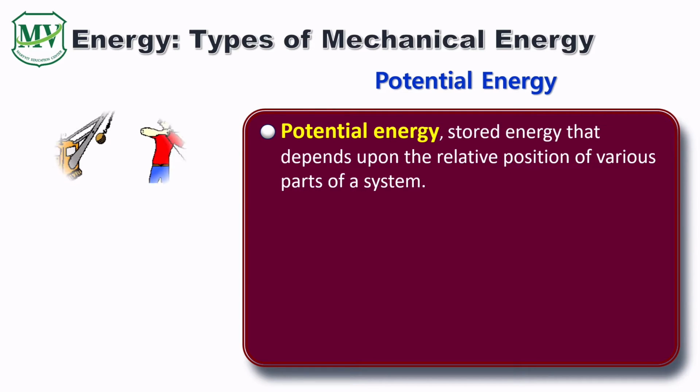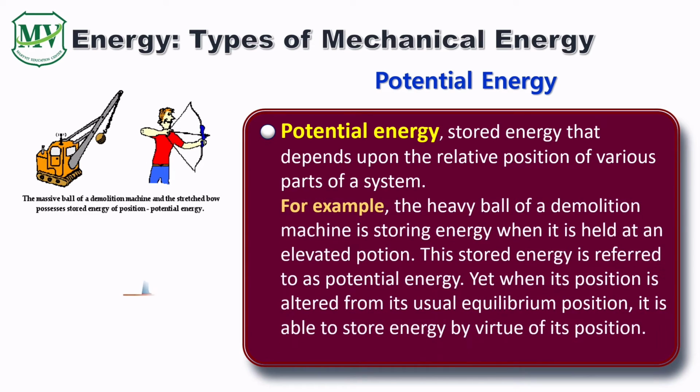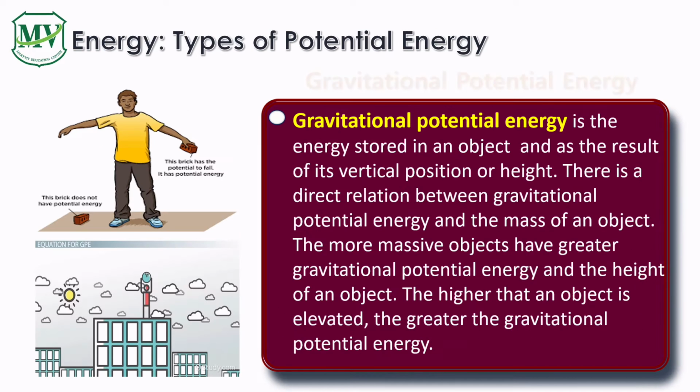Potential energy is the energy stored in an object due to its position. The stored energy depends upon the relative position of various parts of a system. Gravitational potential energy is energy that is held in a vertical position due to the force of gravity working to pull it down.